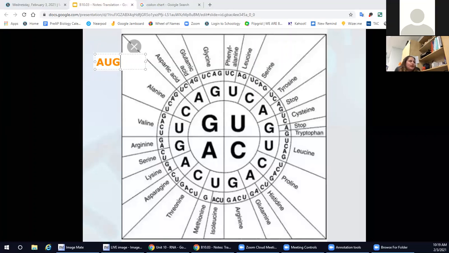We're doing great. Yes, good job, everybody. So again, A, U, G. So this codon chart isn't too hard. It's pretty easy. Hopefully, it makes sense to you.